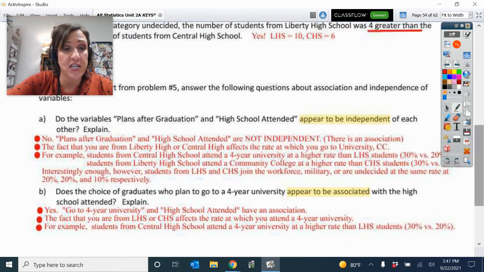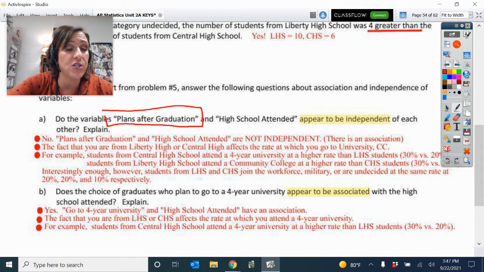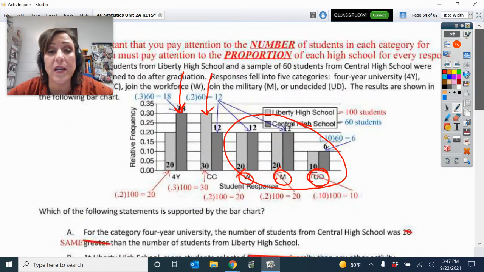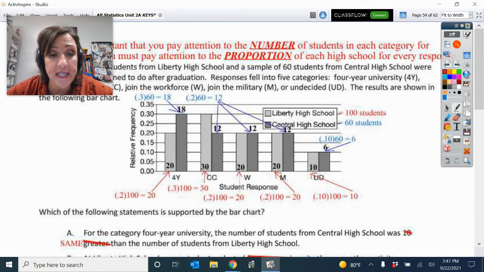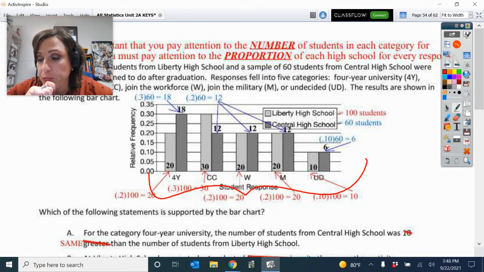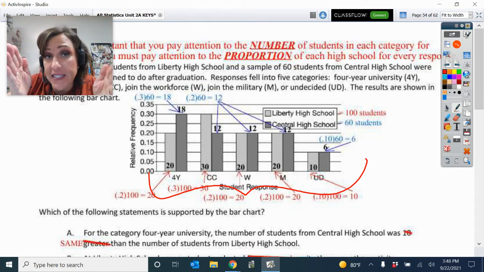So the first question asks, overall, do the plans after graduation and the high school attended appear to be independent? Well, in order to be independent, in every single one of these categories, if even one of the categories was different, then you would have an issue. They would have to be the same rate from Liberty and Central High School for the high school to be independent of your plans after graduation.